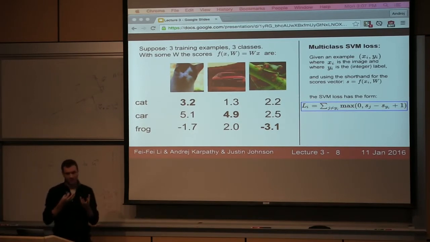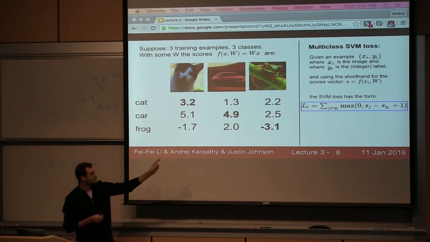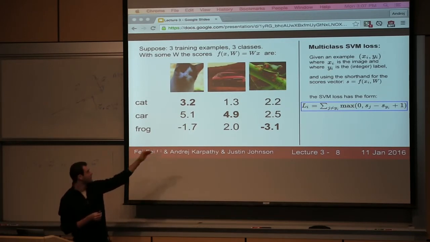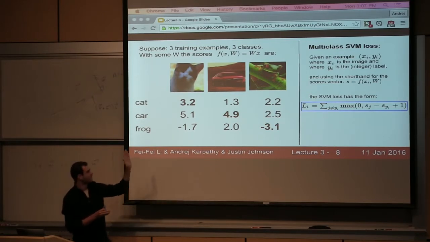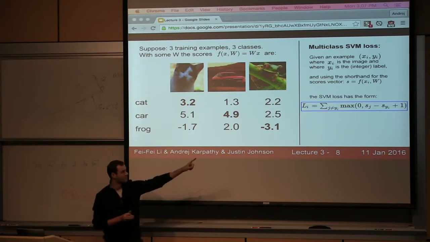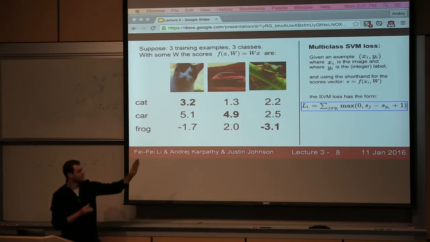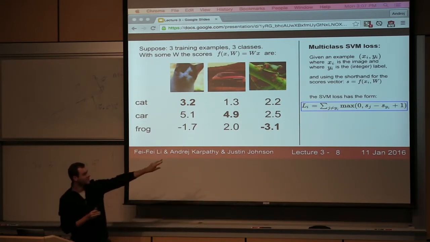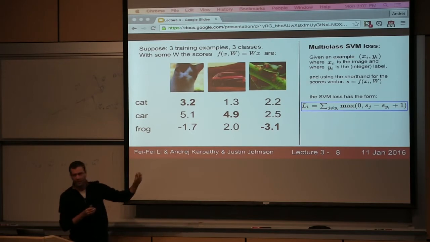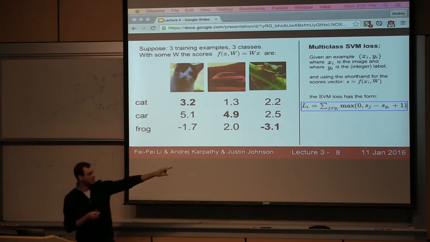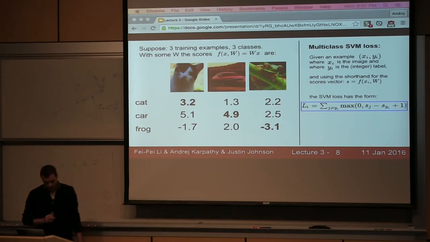Effectively, what the SVM loss is saying is that it's summing across all the incorrect classes. So for every single example, we have that loss, and it's summing across all the incorrect classes, and it's comparing the score that the correct class received and the score that the incorrect class received, s_j minus s_yi, y_i being the correct label, plus 1, and then that's maxed with 0.